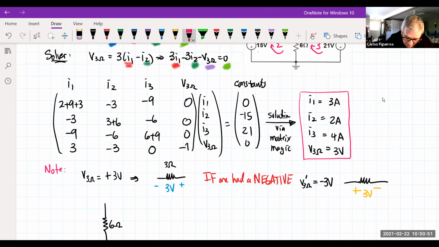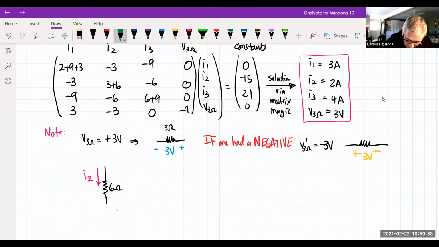So in other words, I have I2 going this way, but at the same time, I have I3 going this way. So look at the currents here. This guy is 4 amps. The other is what? 2 amps. So what you're seeing here is that the actual current through the resistor should then have what? A polarity of plus or minus.